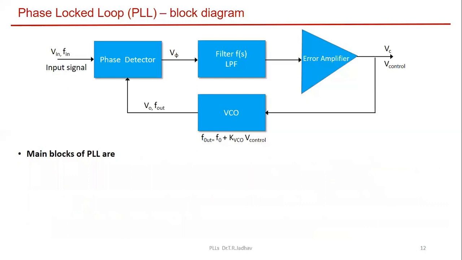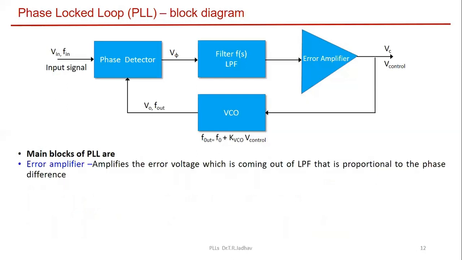So let us continue. Then you have the error amplifier. Whatever comes out of the low pass filter as an average voltage or error voltage will be amplified, and it is available as one of the outputs of the PLL, which is the demodulated output, or we call it the control voltage. And that control voltage is internally given to the VCO.